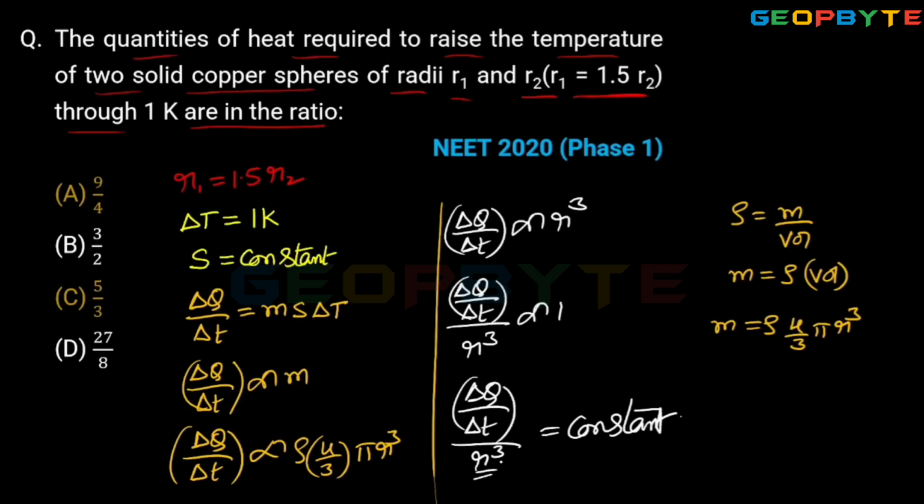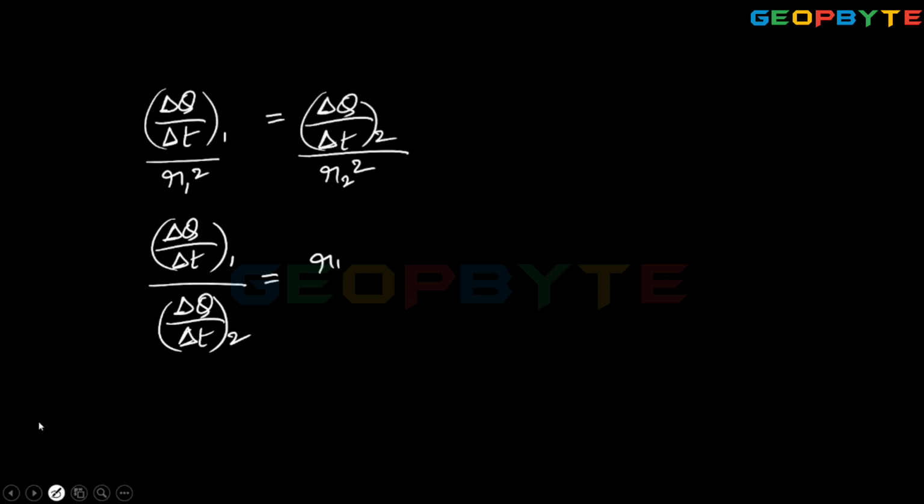Look at the r cube, should be very careful. Otherwise, I can write it as r1 by r2 whole cube.